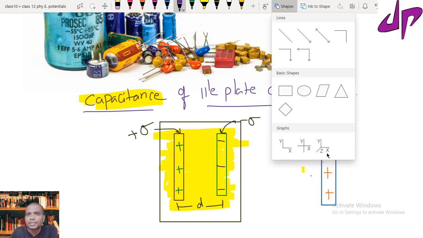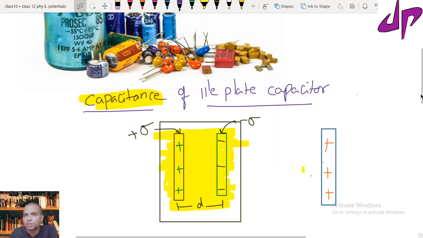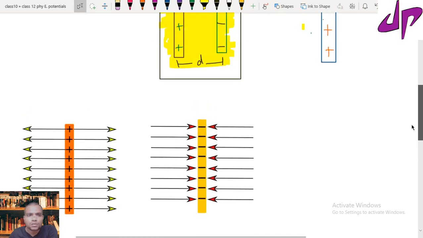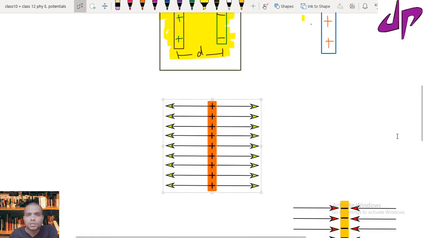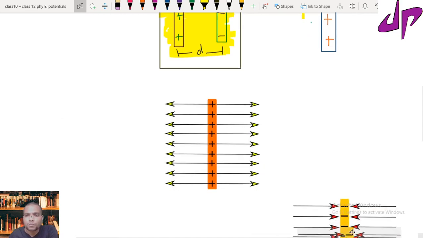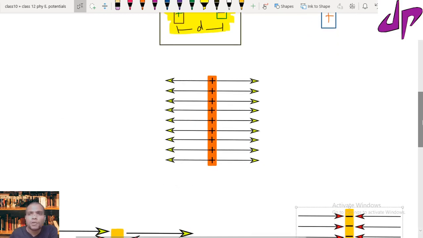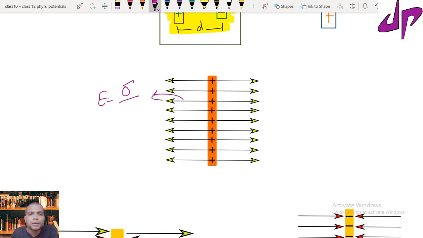If I draw the electric field lines due to this positively charged plate, it looks like this. On the two sides, the expression for the electric field is E equal to sigma by 2 epsilon naught.